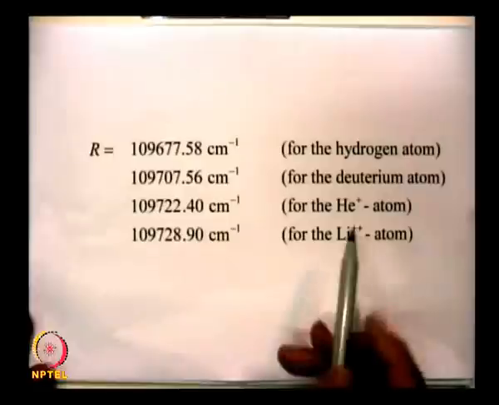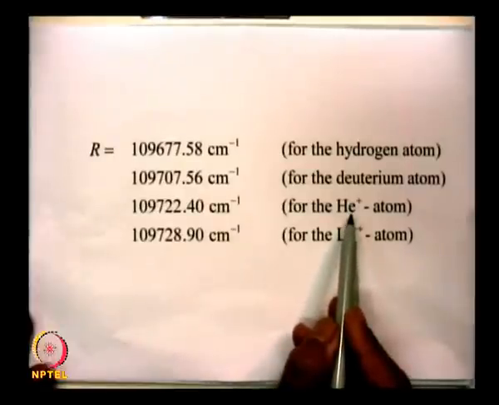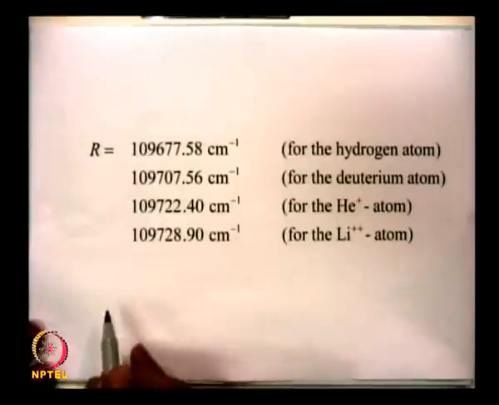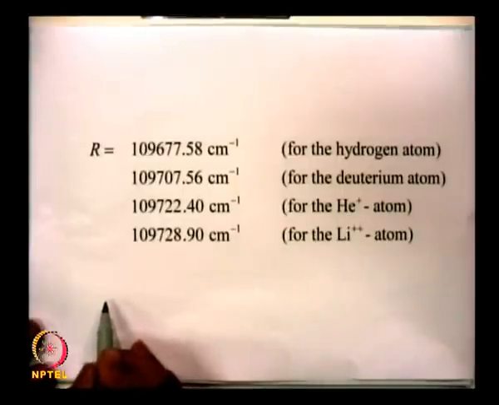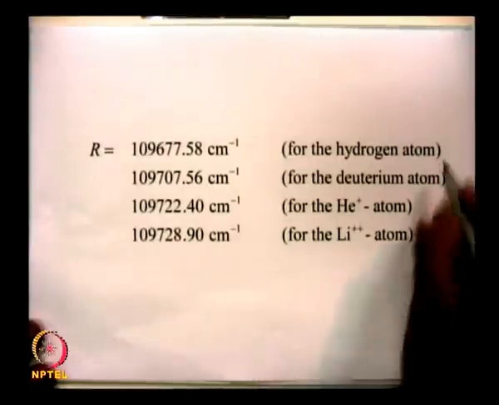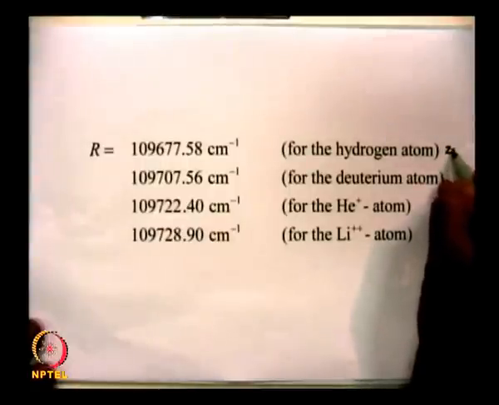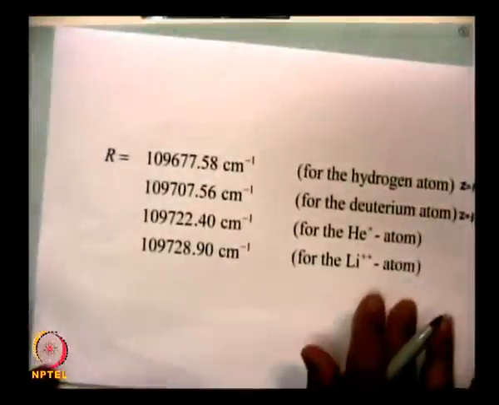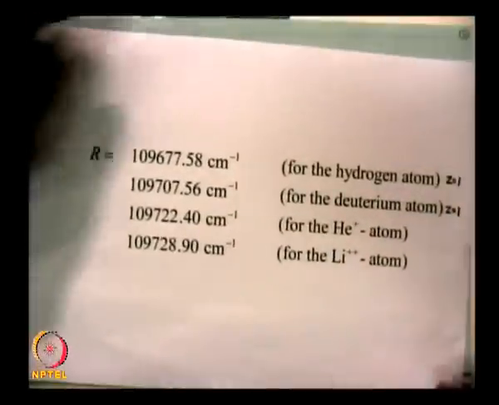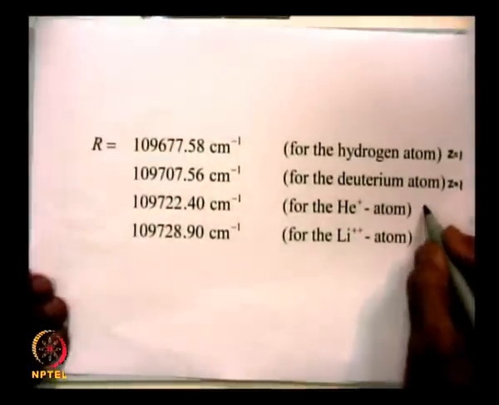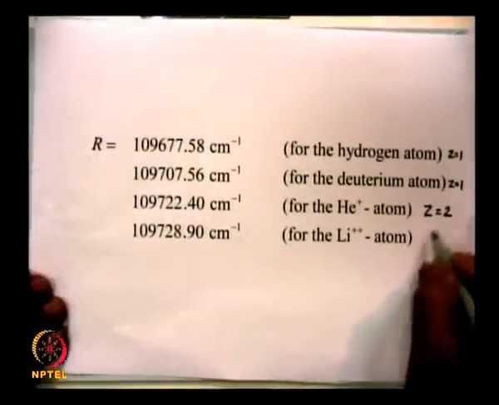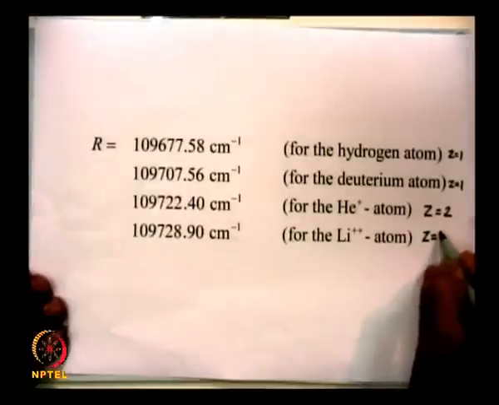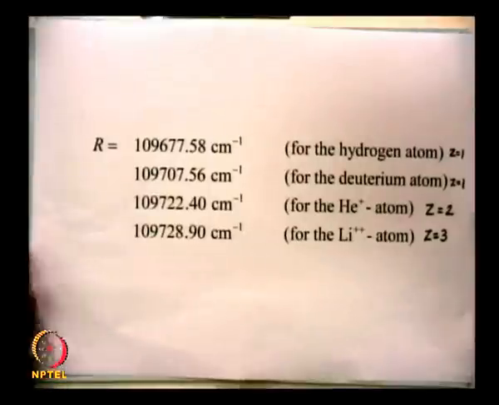For the helium plus atom, the nucleus consists of 2 neutrons and 2 protons, and in each case it is a single electron atom. Here Z is equal to 1, this is also Z is equal to 1, this is Z is equal to 2, and this has 3 protons in the nucleus, Z is equal to 3.